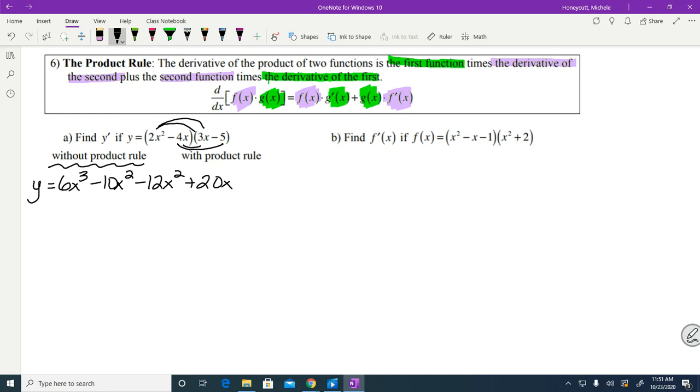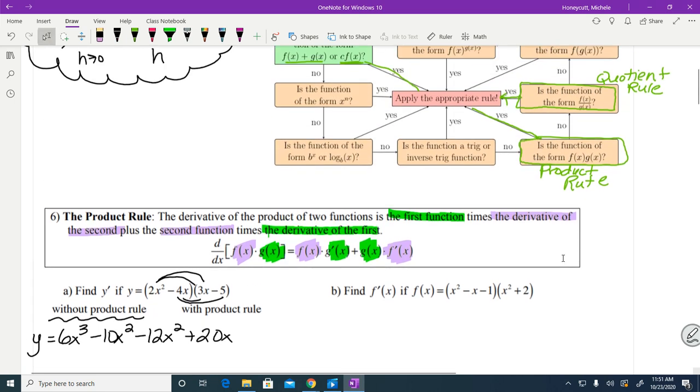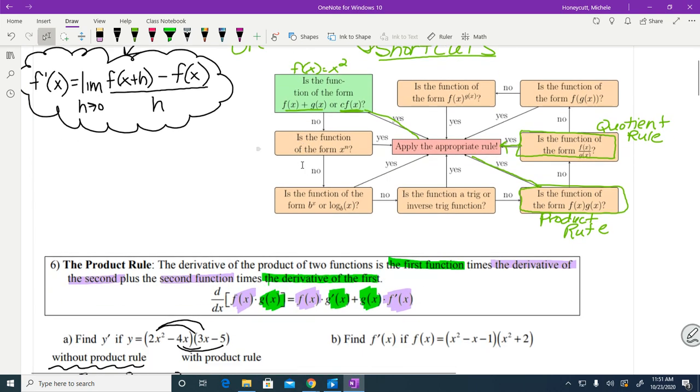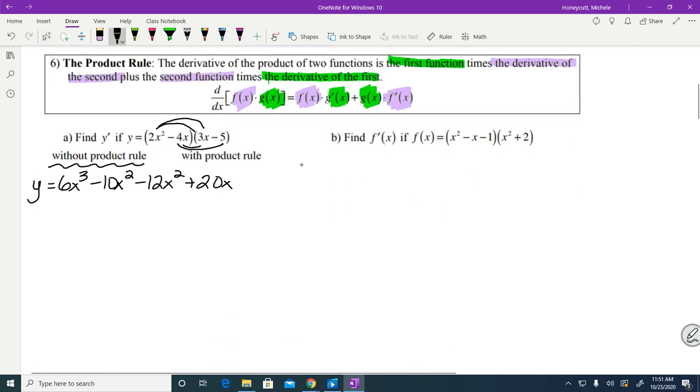So I changed the form, and now this function is in the form, let me scroll up, of right here, what's in the green box. So I can just apply the power rule at this point, changing my color so you can tell that I'm taking a derivative. Y prime, now I'm writing y prime because it says find y prime, equals the derivative of 6x cubed is 18x squared.